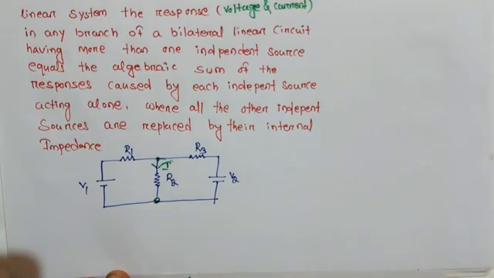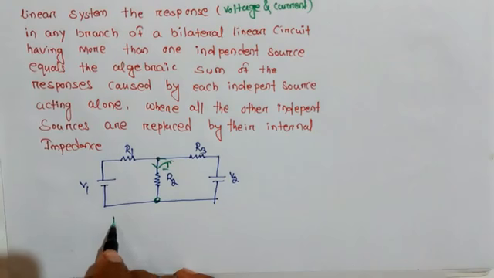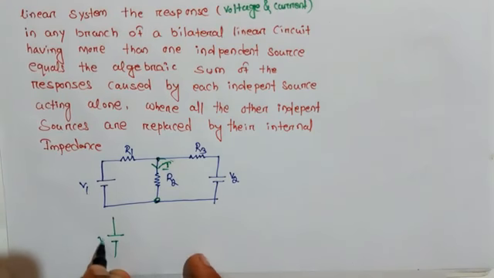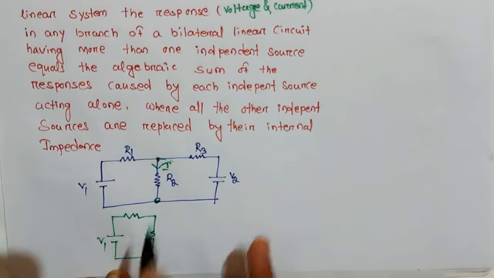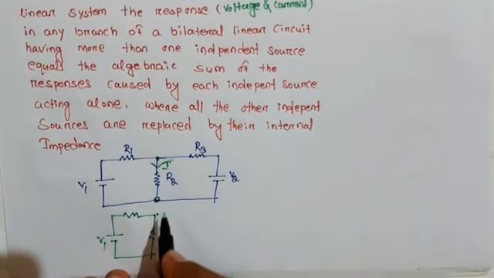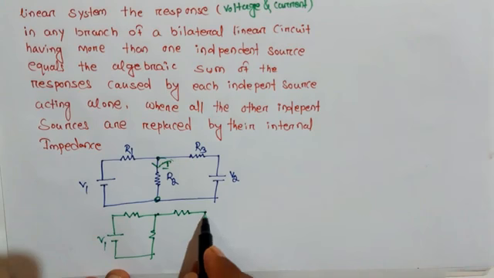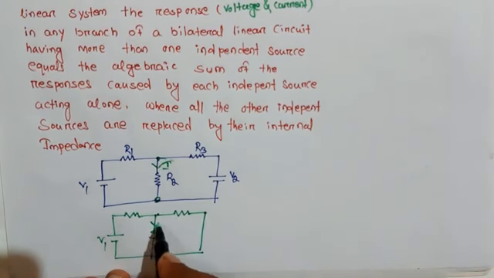Let's take an example. Here we said that if we connect only V1 and take V2 as deactivated, let this be I1.